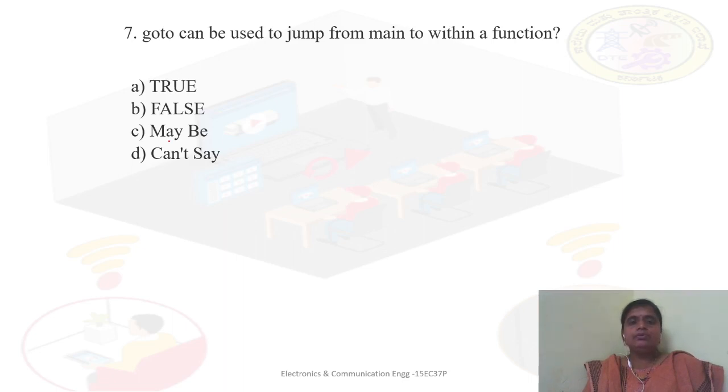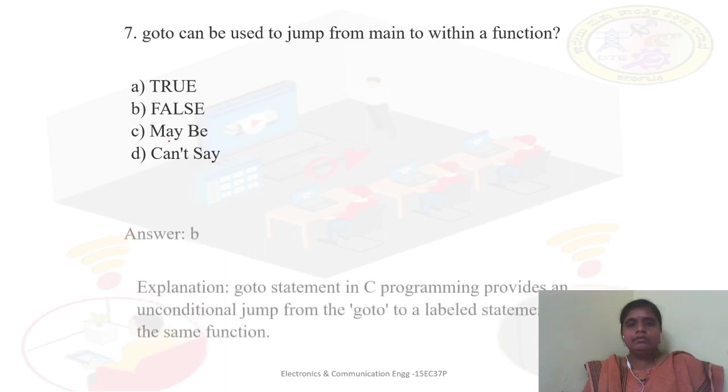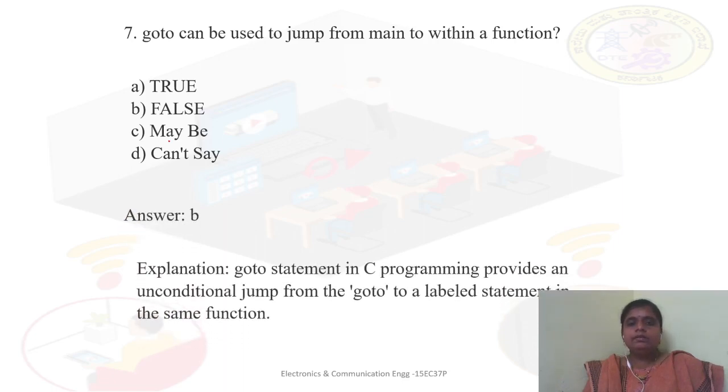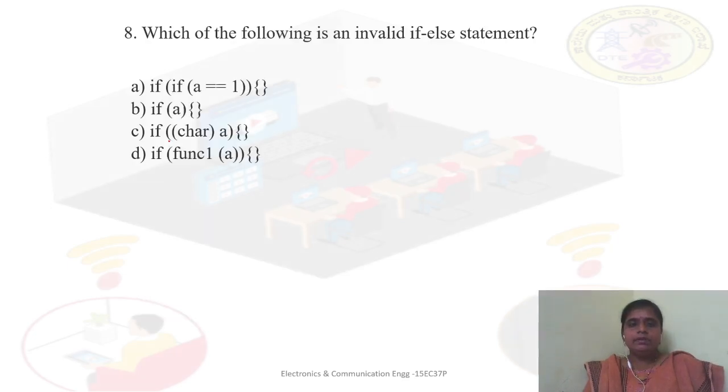Go to can be used to jump from the main to within a function. The go to statement in the C program provides unconditional jumps. Okay, so whenever we use the go to statement, we need a label. It goes to that particular labeled statement. So it is a false statement.